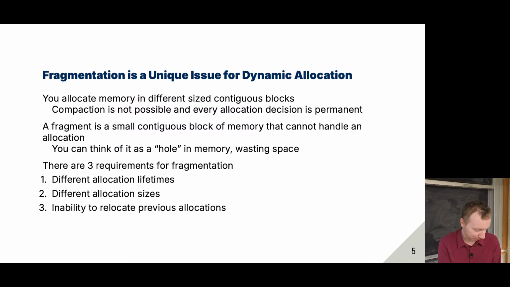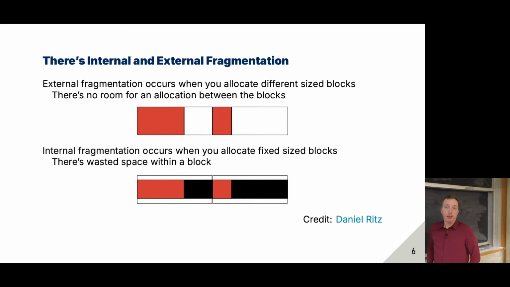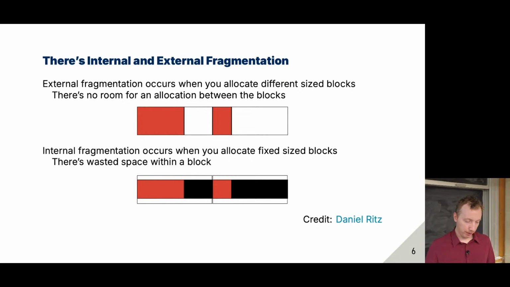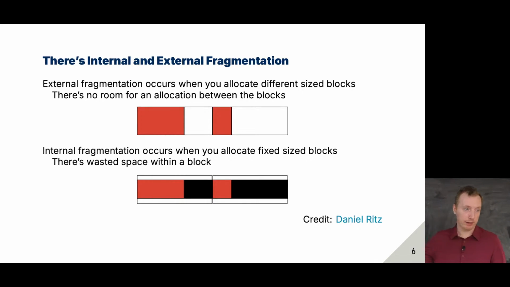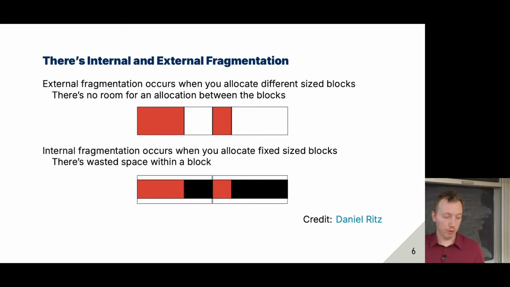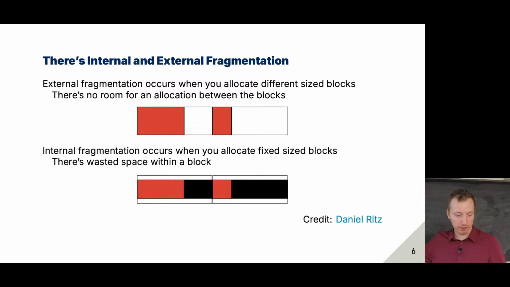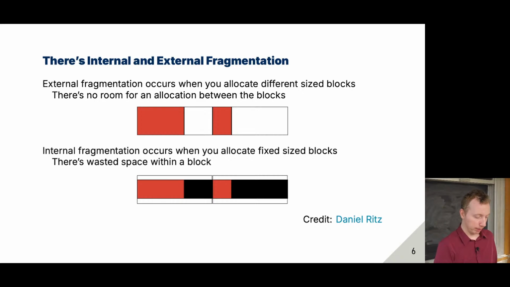New generation. So there are 2 types of fragmentation: internal fragmentation and external fragmentation. External fragmentation occurs when you allocate different size blocks, so there's no room between the blocks. That's basically the fragmentation that the memory allocator actually cares about and can control.